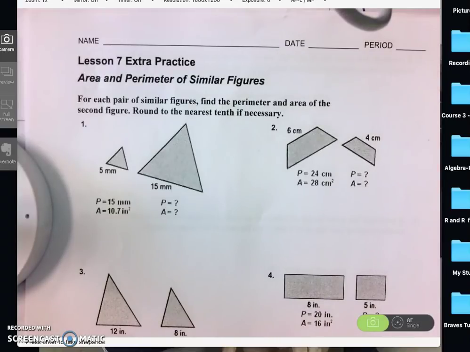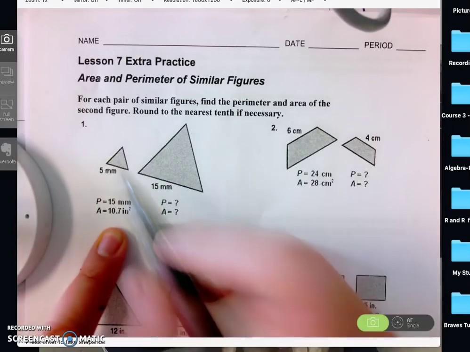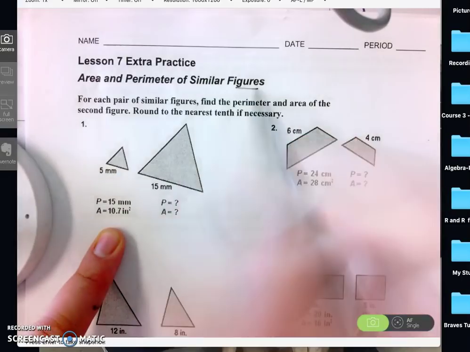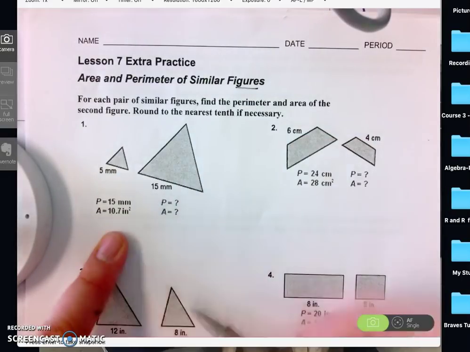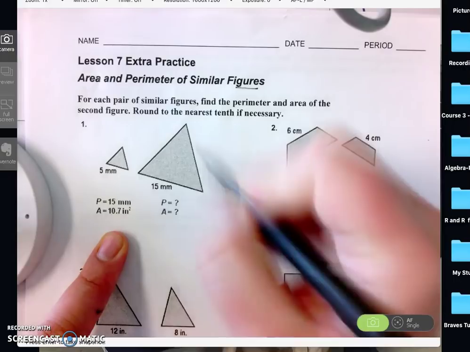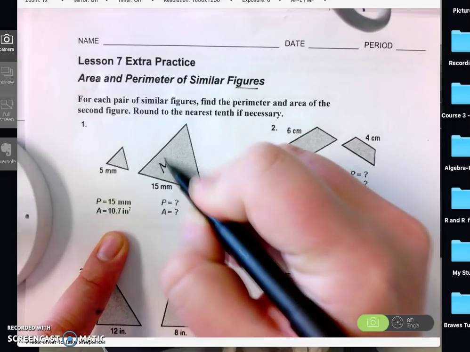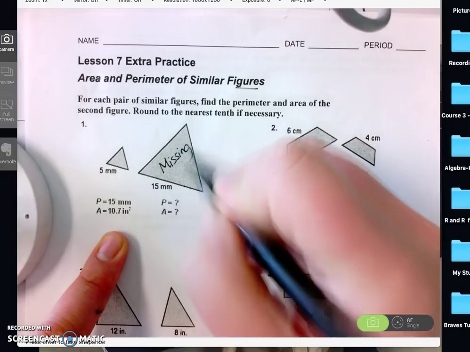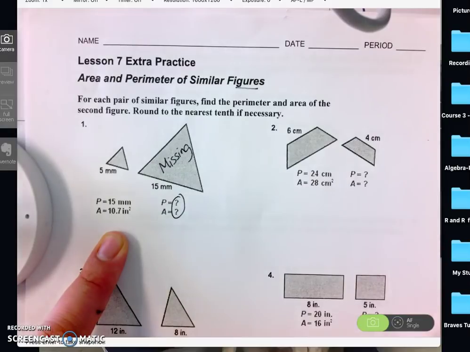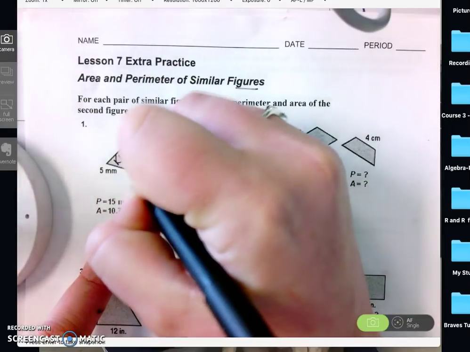Alright, so when we are working with finding the area and perimeter of similar triangles or similar figures given certain information, this one is going to be our missing triangle because we're missing this information, and this is our known.